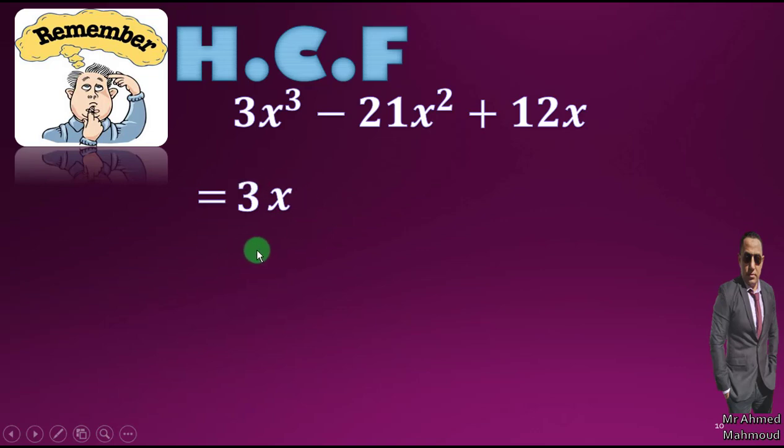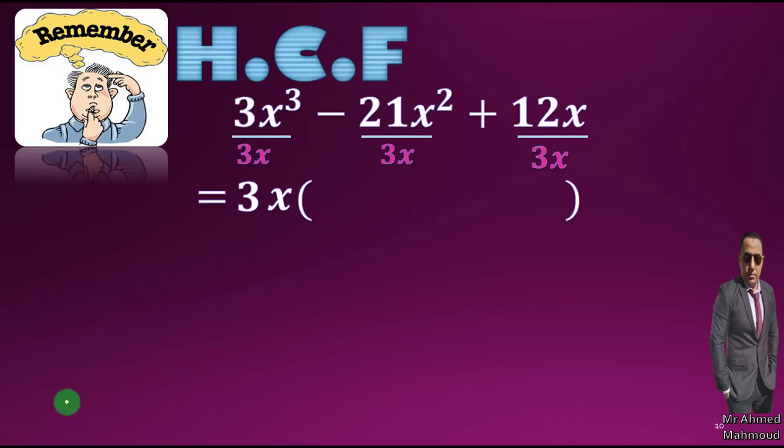Okay, the second step, I'm going to open two brackets like this, and I'm going to divide the three terms by 3x. 3 divided by 3 equals 1, so I don't write 1. X power of 3 divided by x, I'm going to subtract the powers. 3 minus 1 equals 2, so it is x power 2.